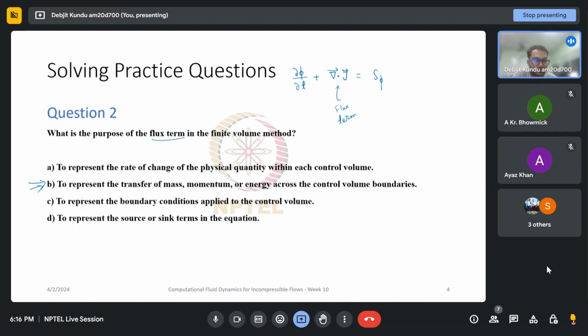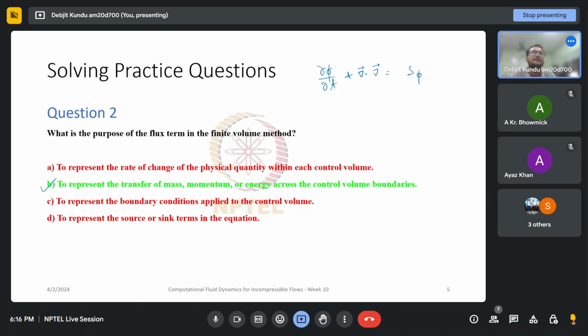Okay, so we have a few responses in favor of option B, that is to represent the transfer of mass, momentum, or energy across the control volume boundaries. And it is the correct answer. So if I write this down again, dou phi dou t plus the divergence of the flux term equal to the source term.